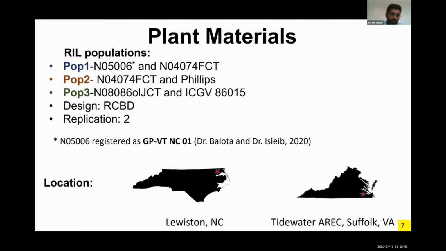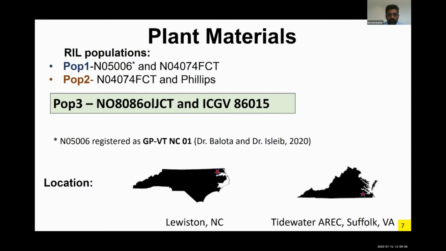And we used the experiment design RCBD with two replications. And this experiment was put in 2 different locations, one in North Carolina at Lewiston and second at Suffolk in Virginia. In today's talk, I will focus on population 3.